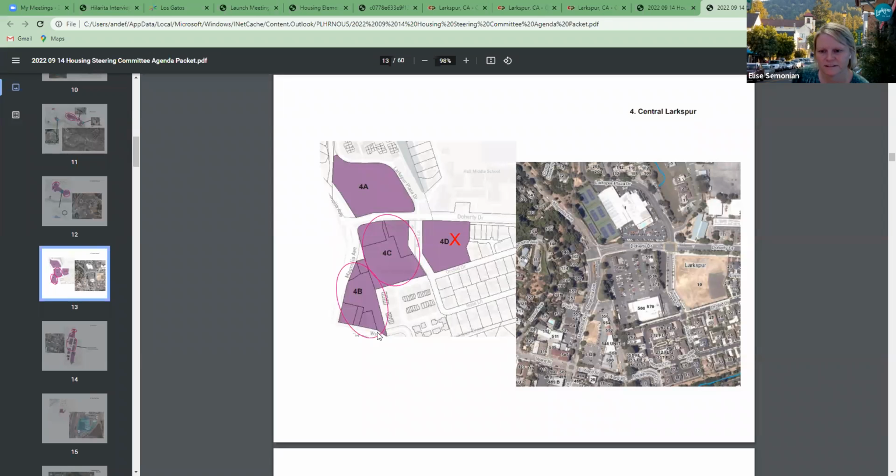So these are challenging sites. If these were the only ones in the housing element, I think we would have a hard time meeting our numbers potentially. But I guess they're not critical to our numbers if it doesn't get developed in the next 8 years.